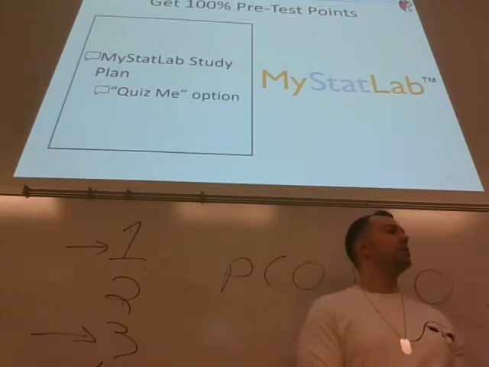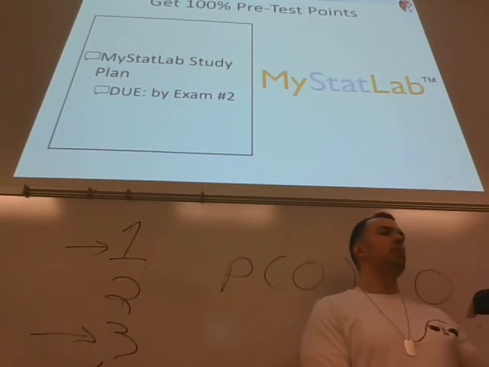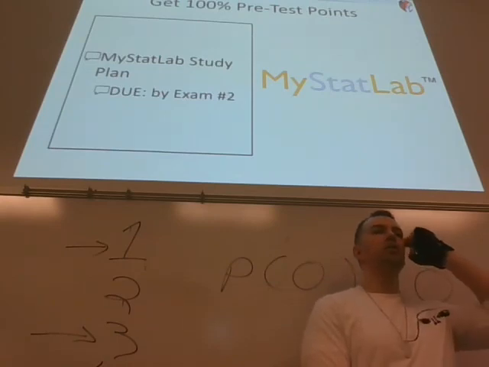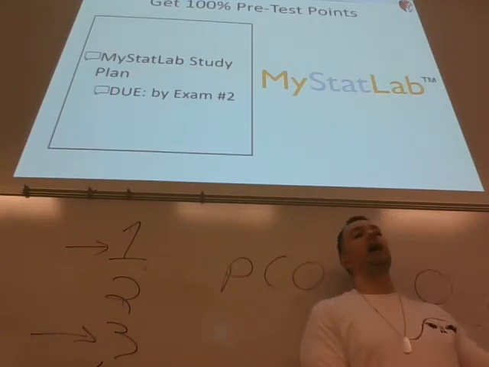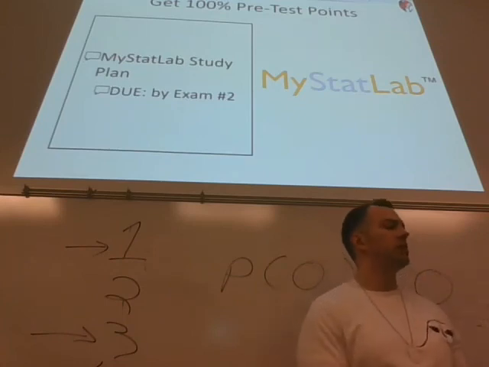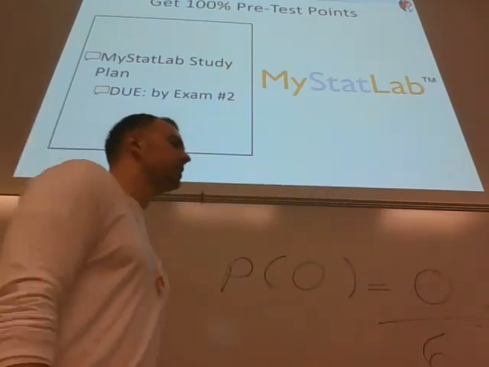You're looking for those mastery points. And anything that we're going to be covering, for example, Chapter 4, Chapter 6, those pretest points, they are due by exam 2. So you don't need to do them directly after. Basically, get that practice in prior to exam number 2, and that will earn you 100% on those pretest points.